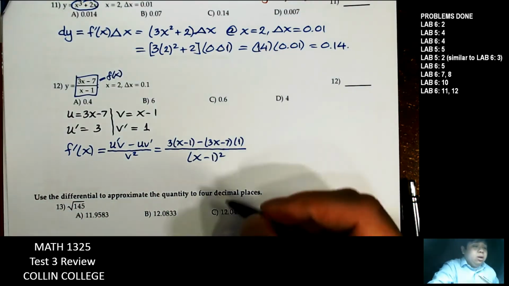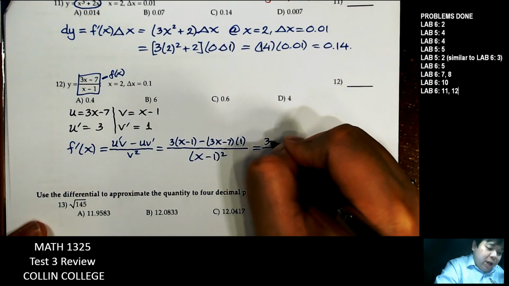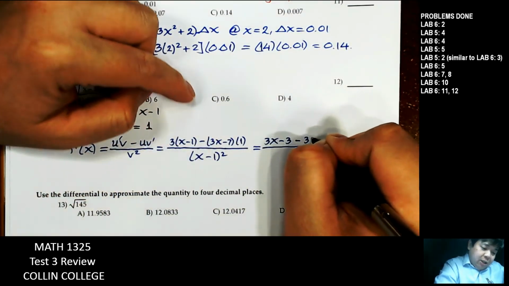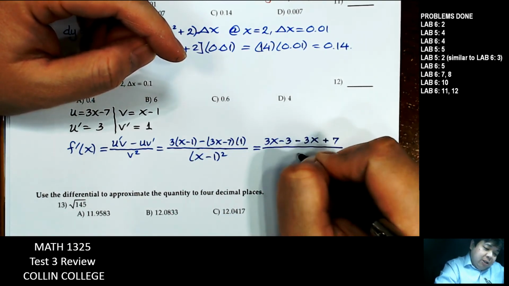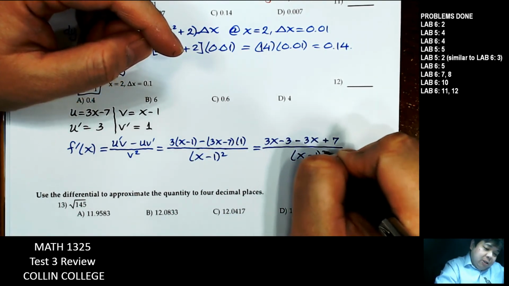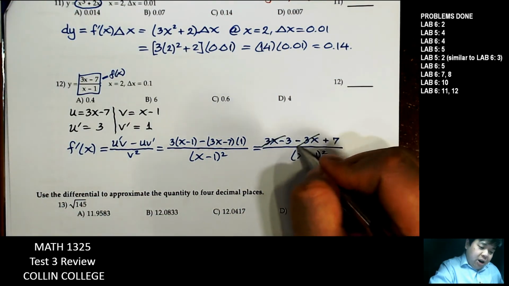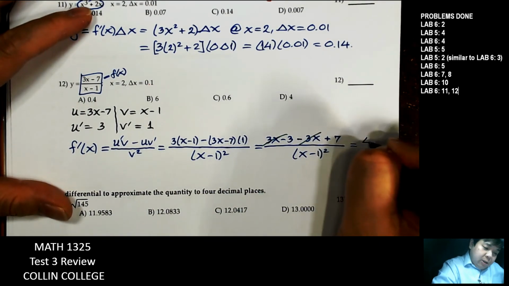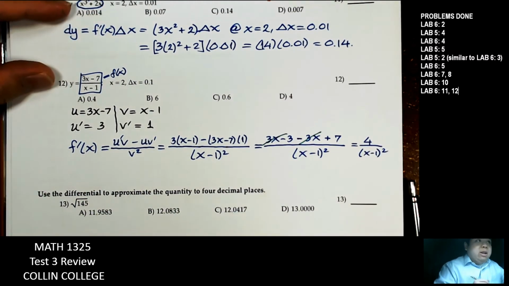So the derivative by quotient rule: u prime 3, times v, x minus 1, minus u times v prime, which is 1, over v squared, x minus 1 squared.